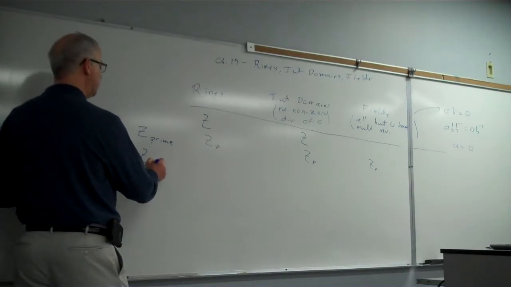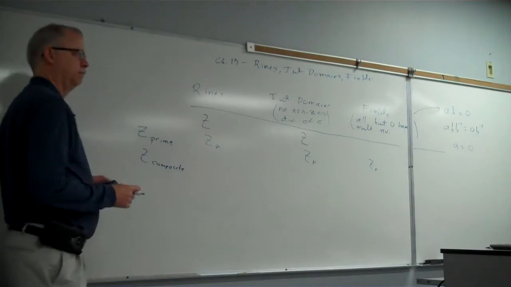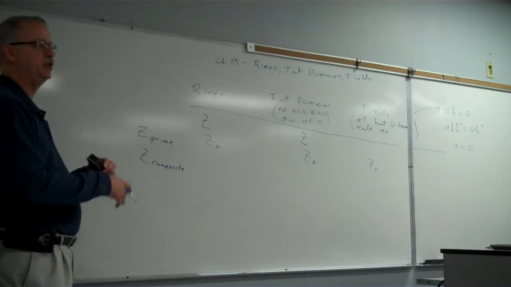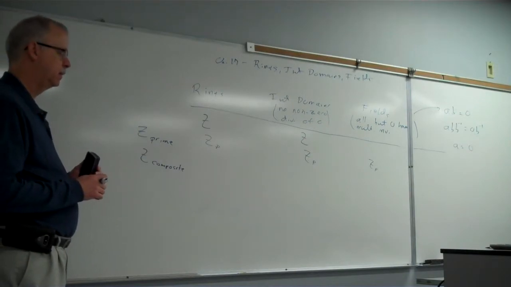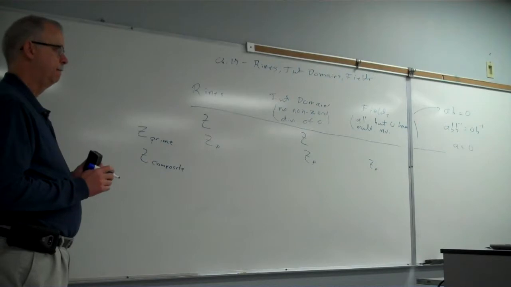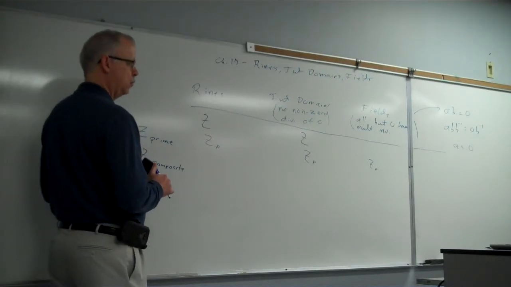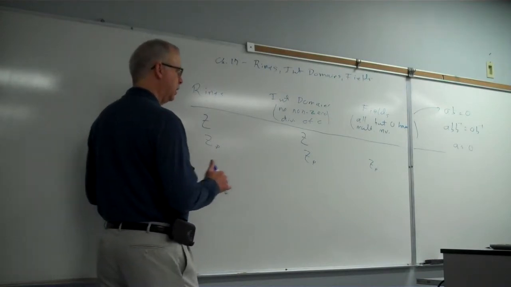What if it's Z some composite? So not a prime, like Z12 or Z20. They definitely would be a ring. Would they be an integral domain?